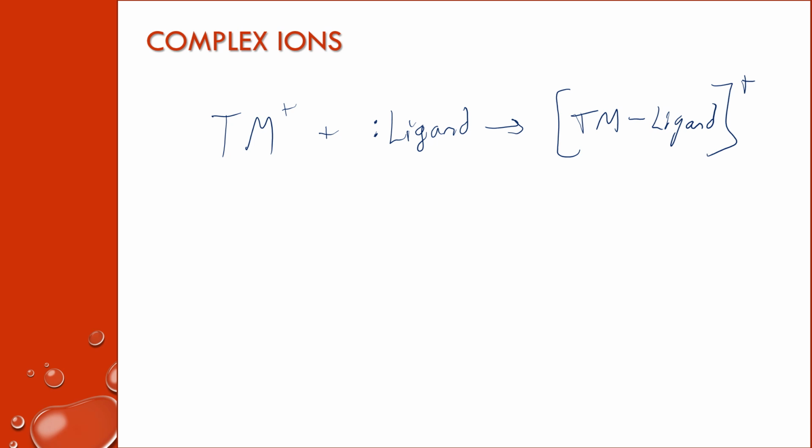So the transition metal, because it is positive, can act as a Lewis acid and accept electron pairs, which also makes it an electrophile. The ligand, because it has those extra lone pairs or extra electron density, is going to be acting as a Lewis base, donating an electron pair.